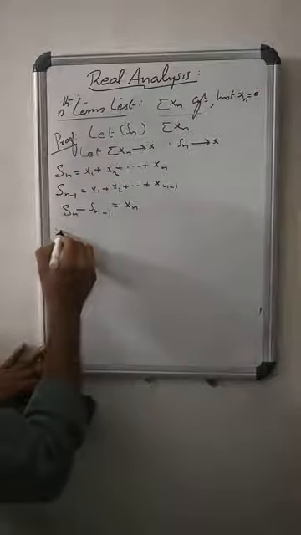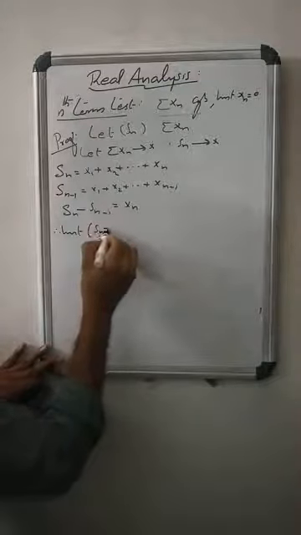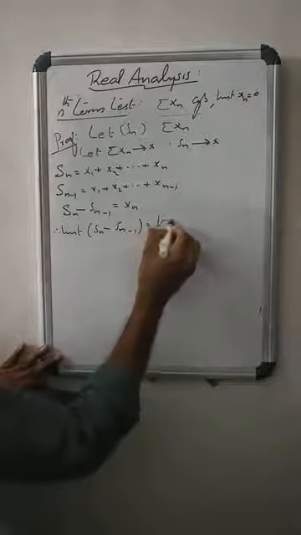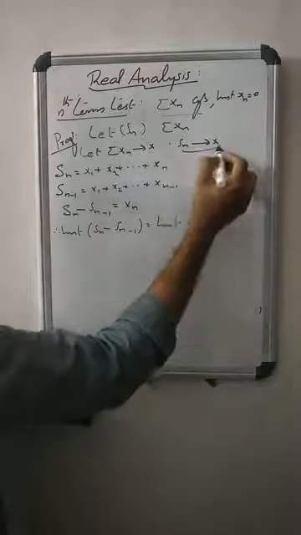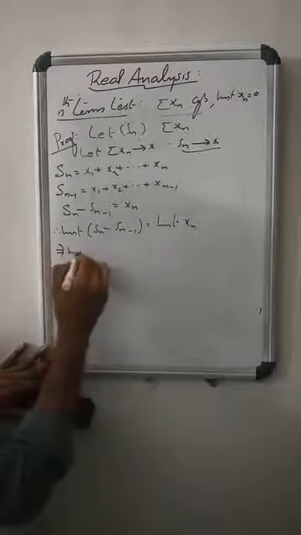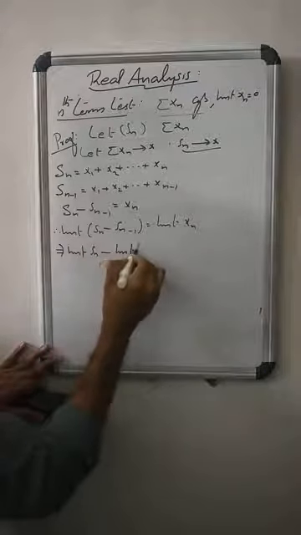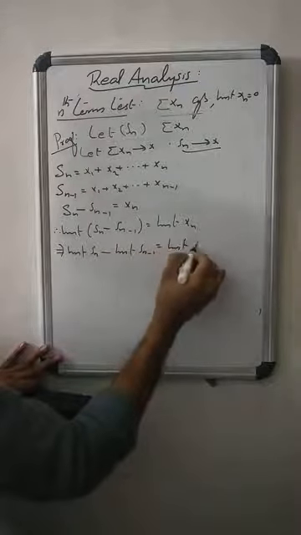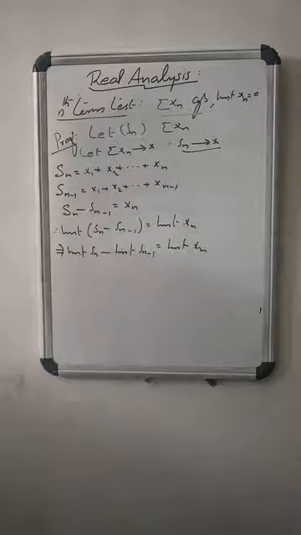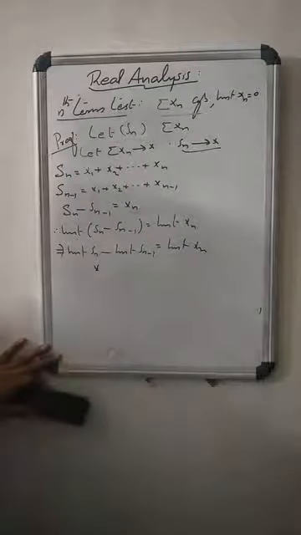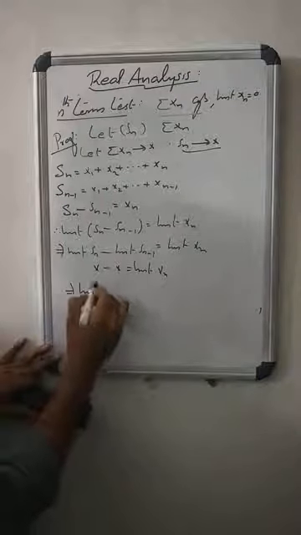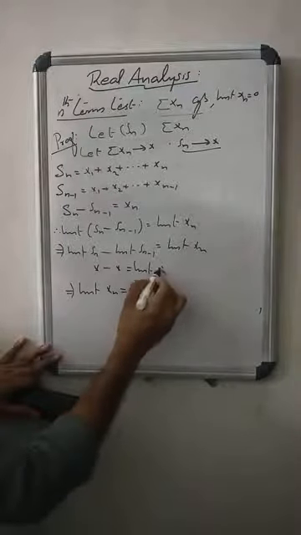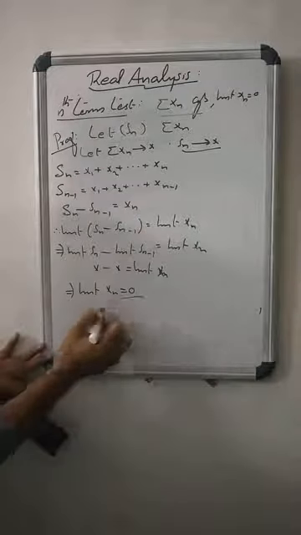Now, taking limit on both sides, lim Sn − lim Sn−1 = lim xn. Clear? Yes. Sn converges to x means lim Sn is x, so lim Sn−1 is also x. So x − x = lim xn. That means lim xn = 0.